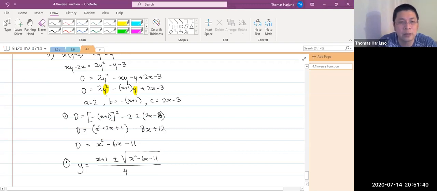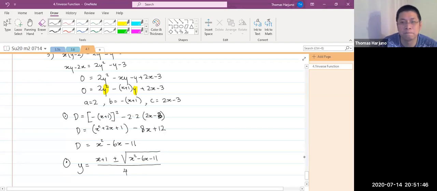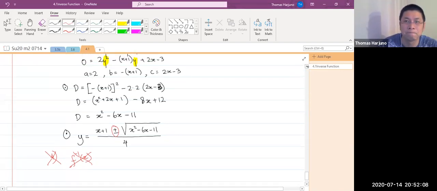Okay, that's the inverse, which is not a function. Maybe I write it in red underneath so that you know that you cannot write this as a function, because for some x's you have two branches. There are two possible values for y. So we cannot write it as an inverse function, but we get the inverse nonetheless.